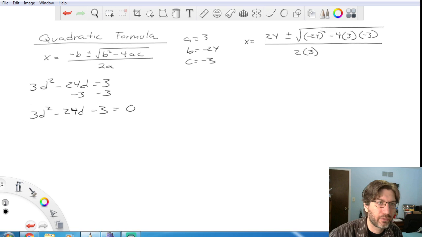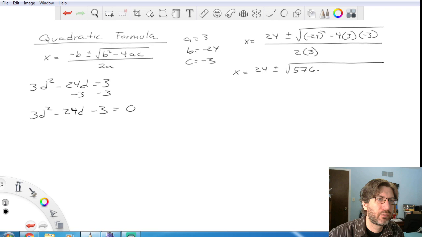So go ahead and simplify underneath the radical and simplify the denominator. 24 plus or minus square root of negative 24 squared. 24 squared is 576 minus 4 times 3 is 12. 12 times 3 is 36. And that is negative still, correct? Negative times that, no, that's positive. It's positive, and 2 times 3 gives you 6.